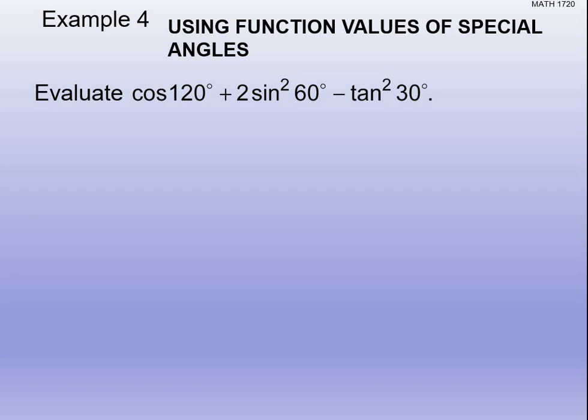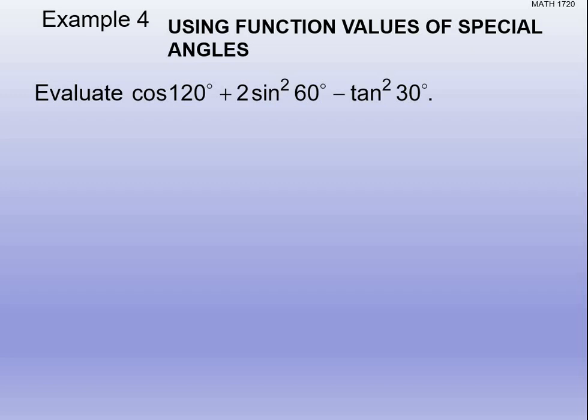Alright, so this example, and we can go over more on the board. When I ask you to evaluate cosine of 120 plus 2 times sine squared of 60 minus tangent squared of 30, your first step in this problem is to do exactly what we've been doing for cosine of 120, for sine of 60, and for tangent of 30.